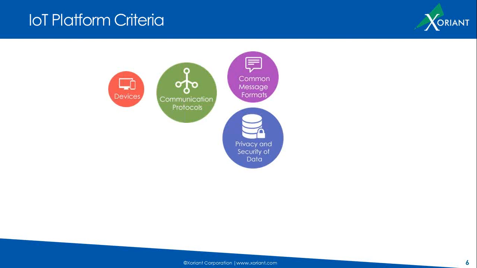Common message formats. While there is no standard or agreed upon format for different sensor data that is industry wide and acceptable, what we suggest over here is to come up with common message formats for the sensor data that you're moving from your devices to the server side.